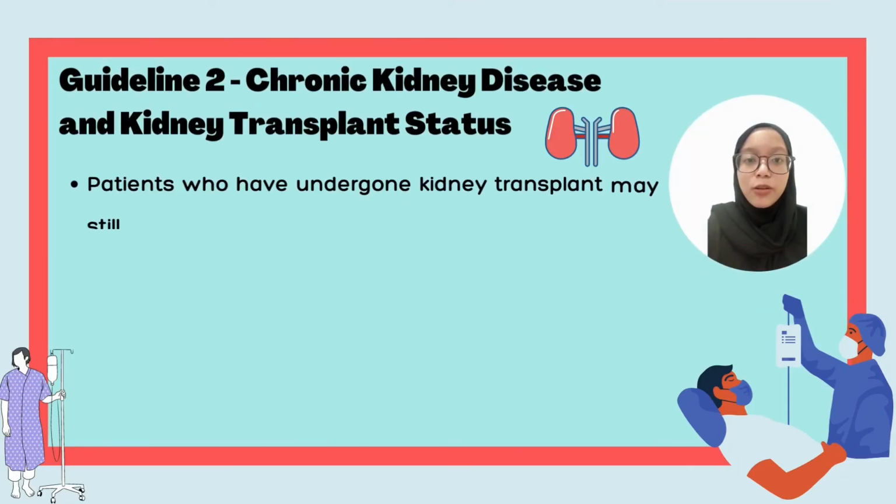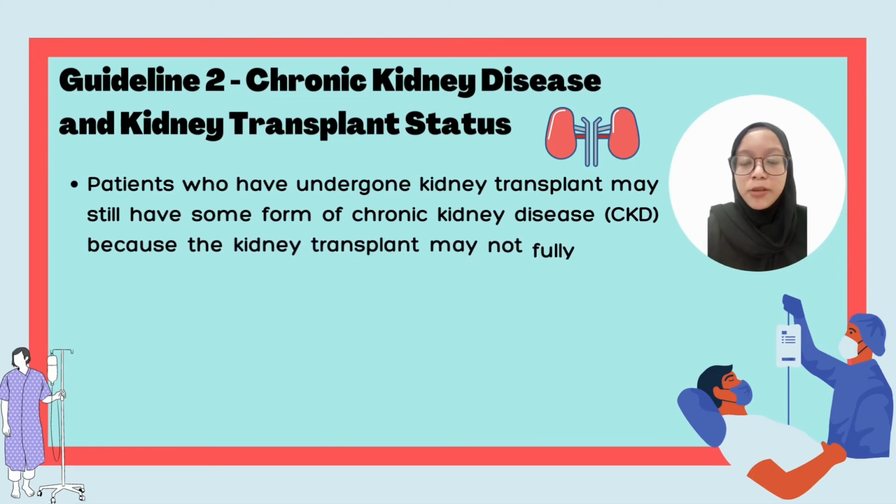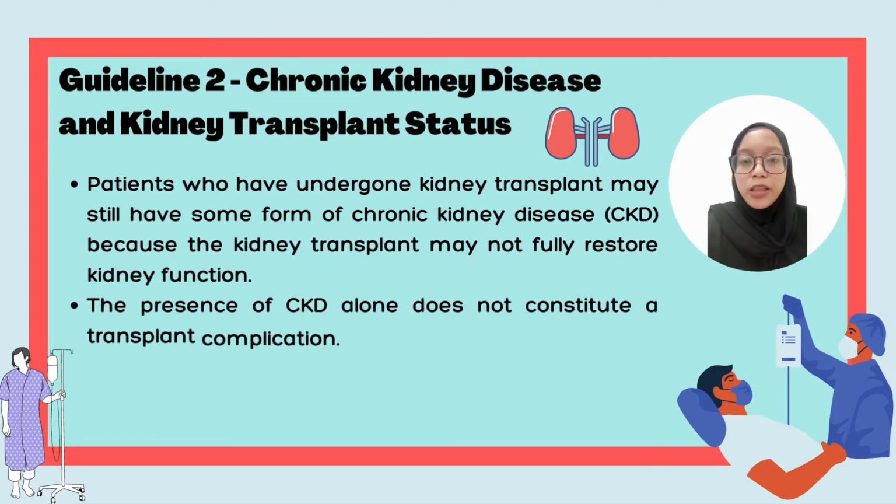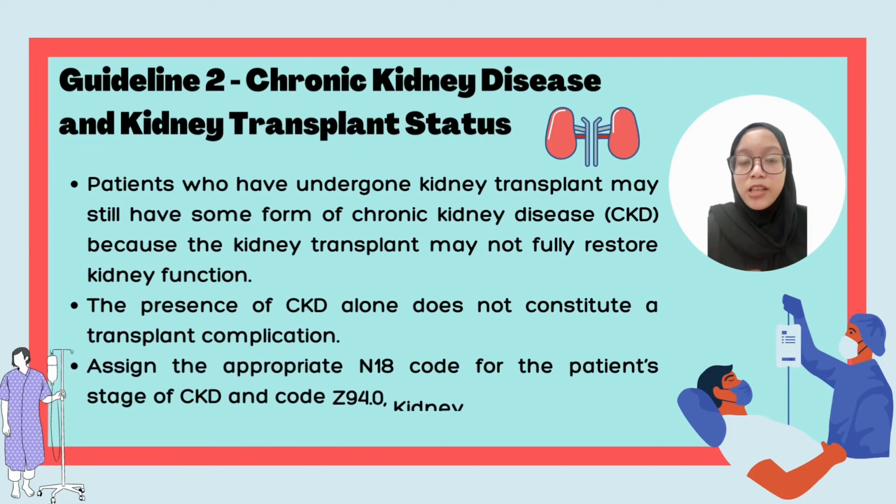For the second guideline, chronic kidney disease and kidney transplant status. Patients who have undergone kidney transplant may still have some form of chronic kidney disease because the kidney transplant may not fully restore kidney function. Therefore, the presence of chronic kidney disease alone does not constitute a transplant complication. Assign the appropriate N18 code for the patient's stage of chronic kidney disease, and code Z94.0, kidney transplant status.